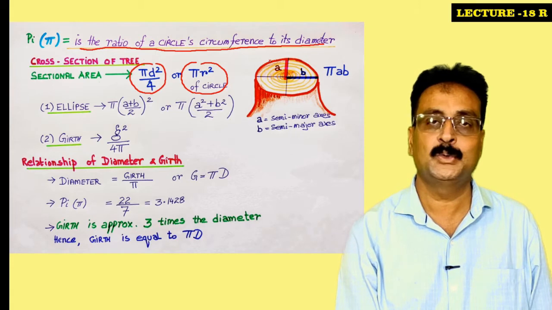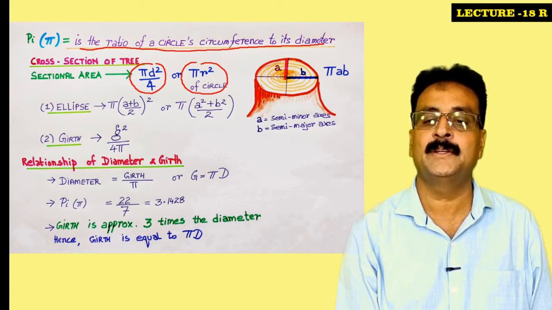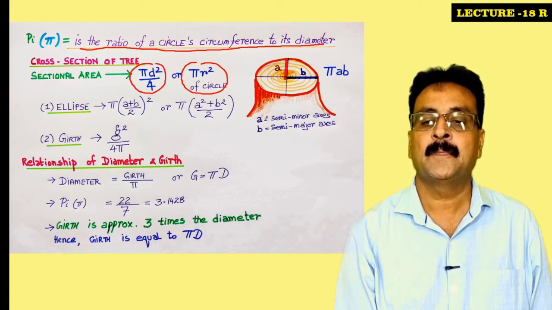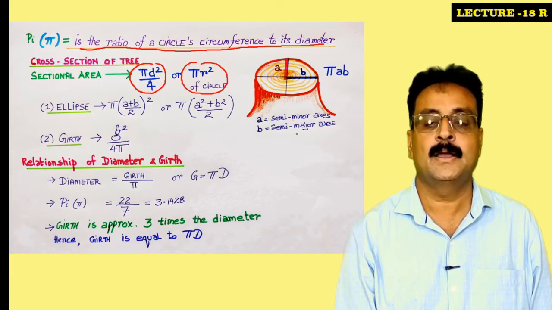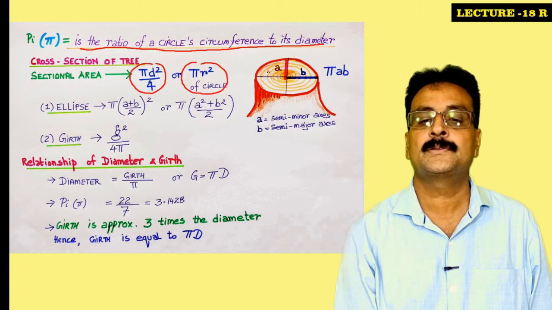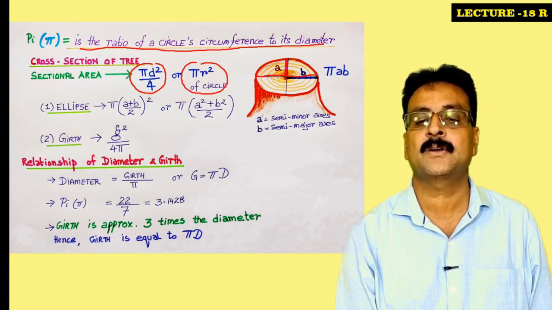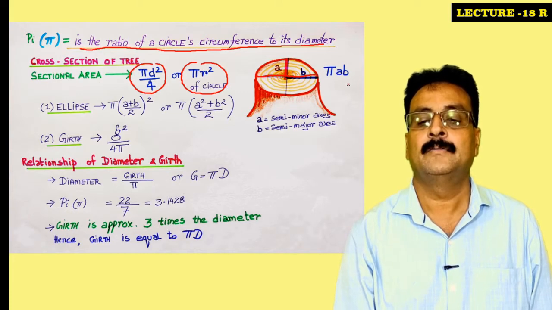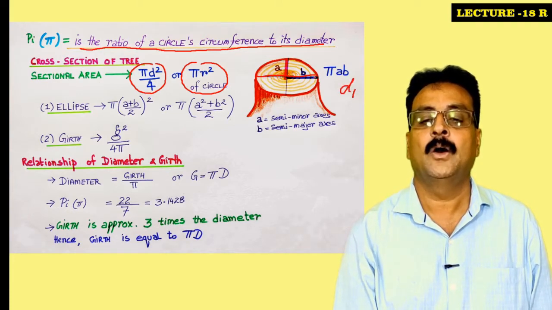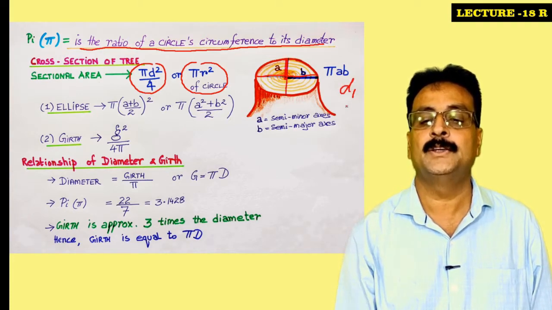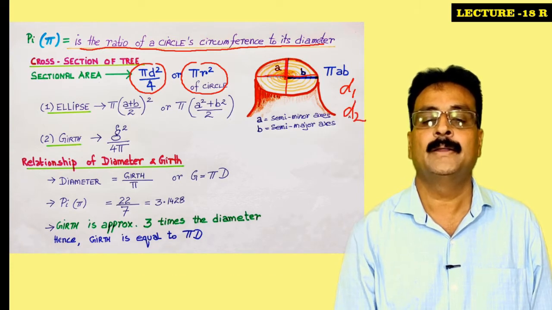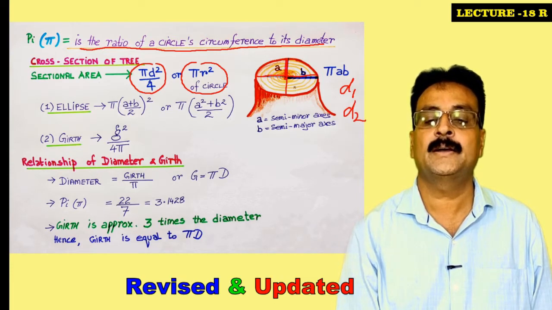So we take two diameters, or we may take the semi major axis or the semi minor axis. Let's take the major axis of this diameter as D1, and the minor axis as D2.